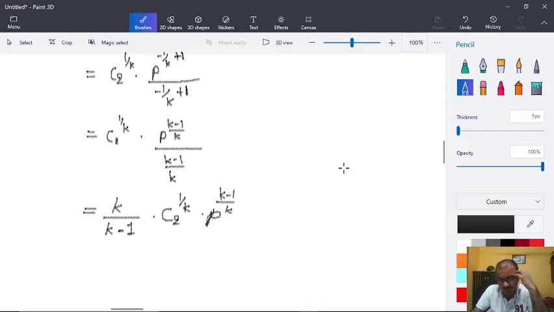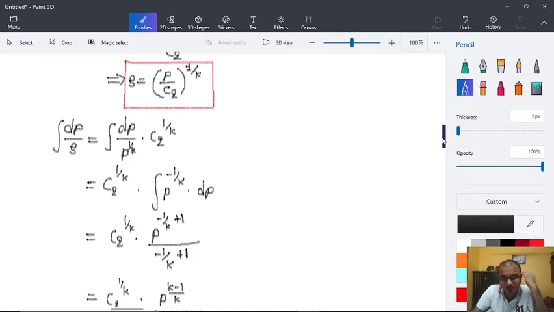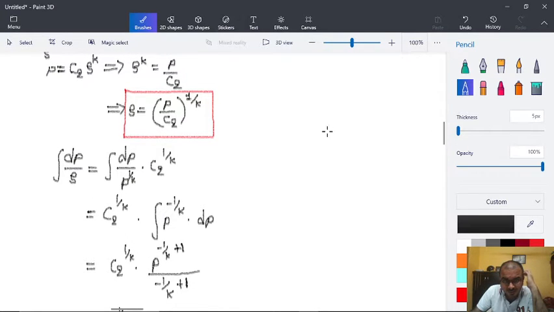Here, instead of c2 we can put p divided by rho raised to k. So we can also utilize this expression.